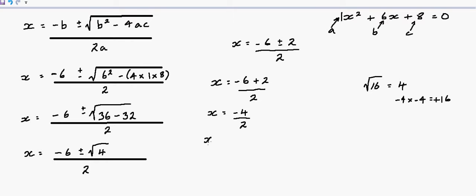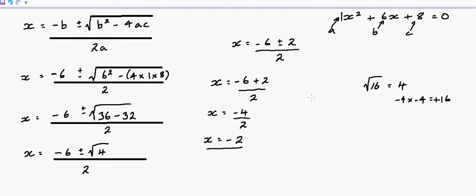So x equals, it's going to be a minus because it's minus 4, and 4 over 2 is 2 because 2 goes into 4 twice. So that's one solution.